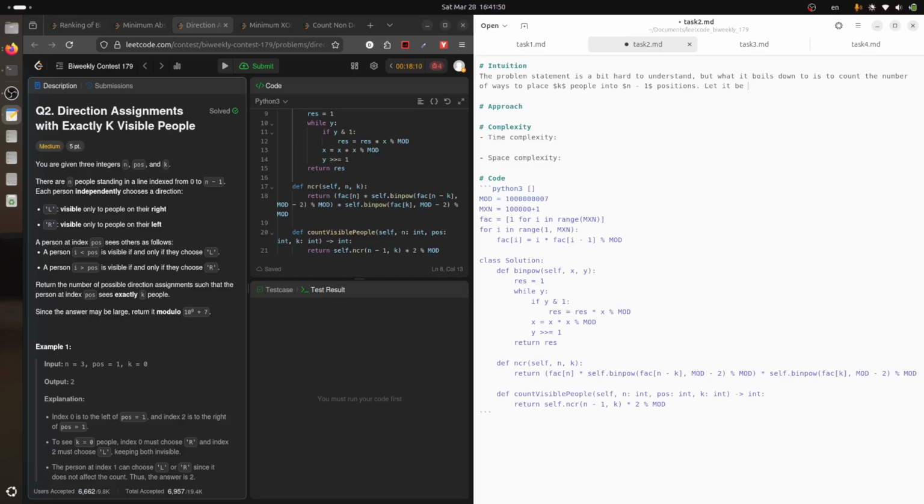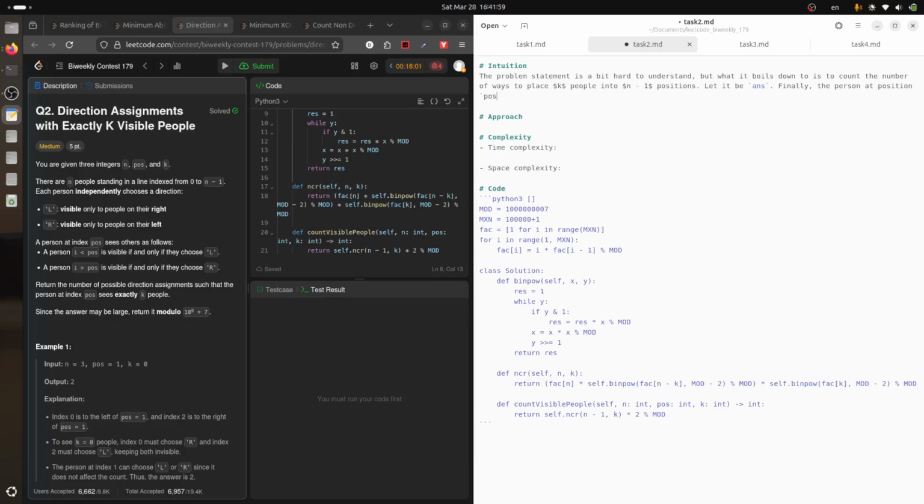Let it be, I don't know, ans. Finally, the orientation of the person at position pos does not matter. Therefore, the final answer is ans times 2.